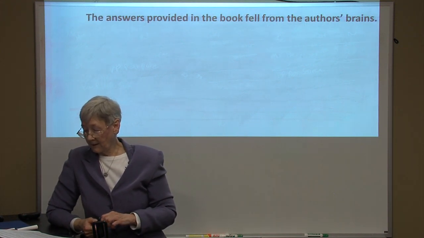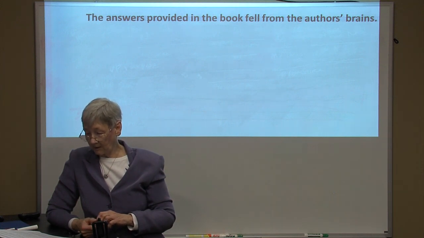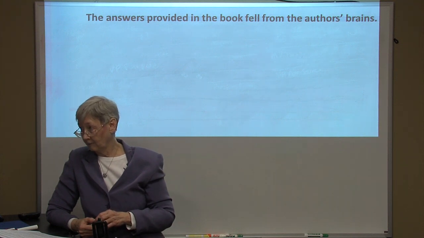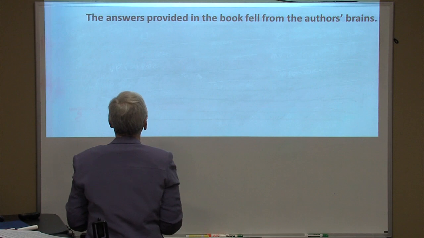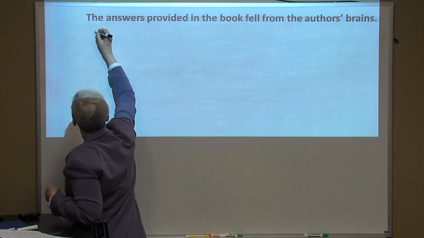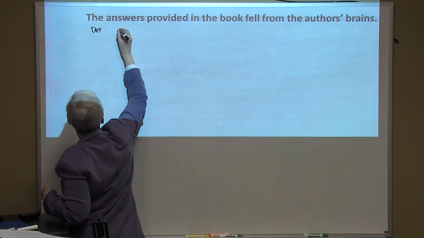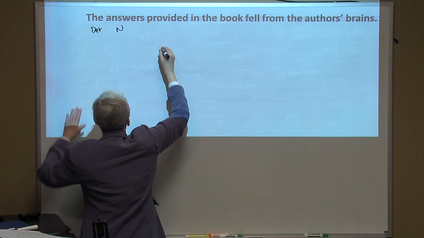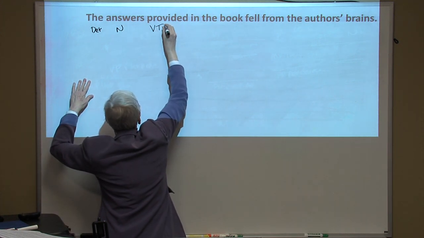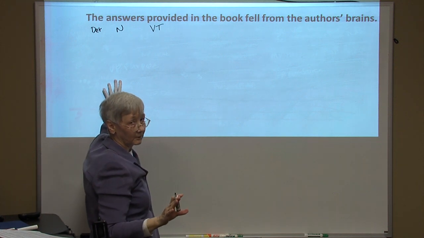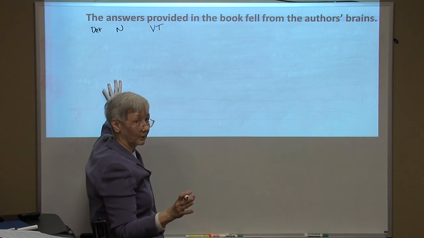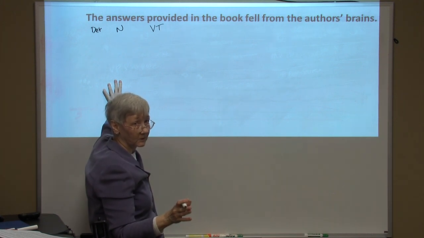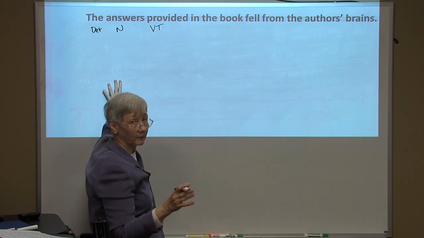here's another slightly modified textbook sentence with a past participle phrase. The answers provided in the book fell from the author's brains. All right, moving from left to right. The is a determiner. Answers is a noun. Provided is a transitive verb. You have to take my word for this. The passive voice can be formed only from transitive verbs, VT, VC, or VG.